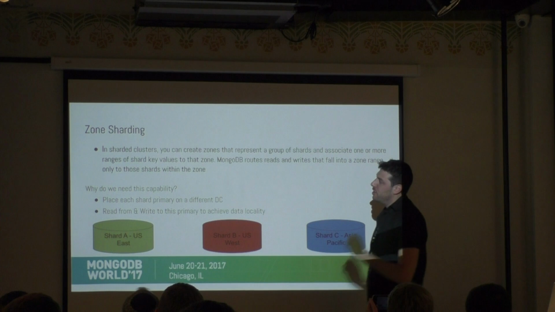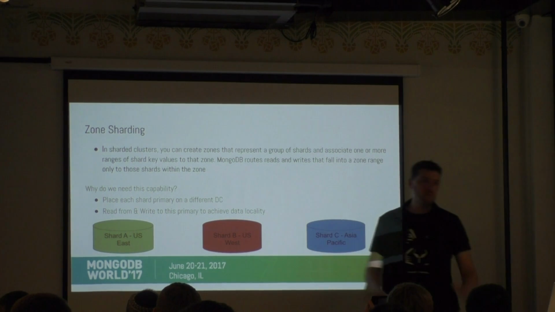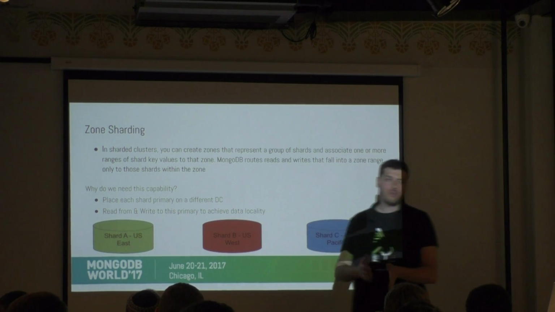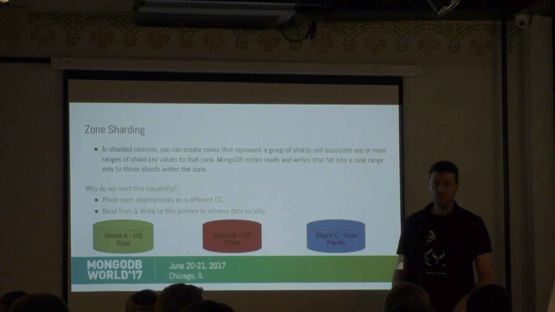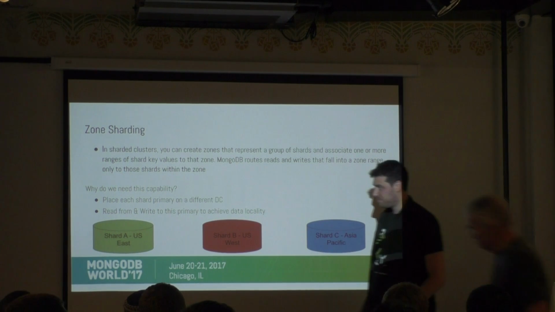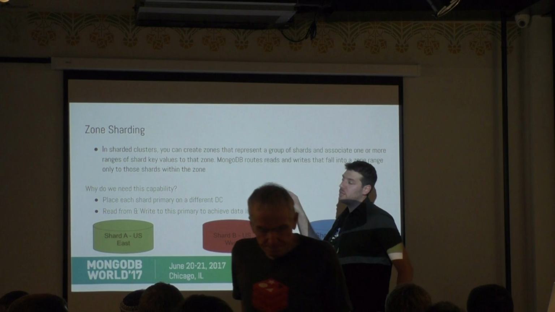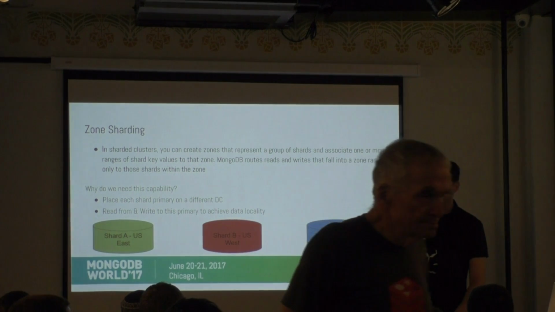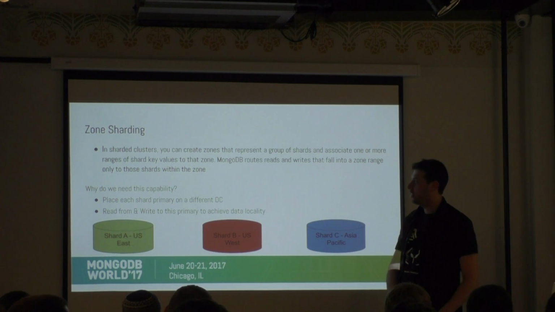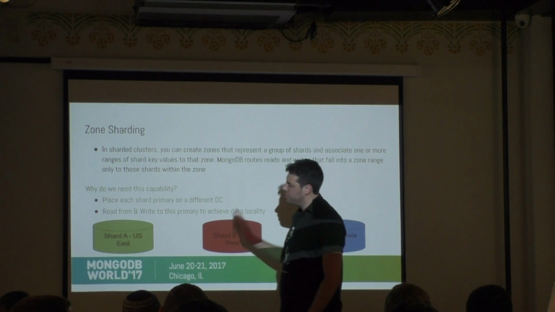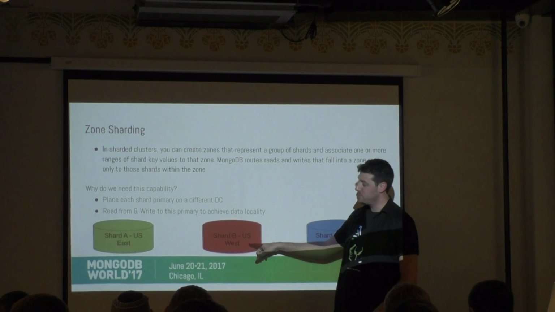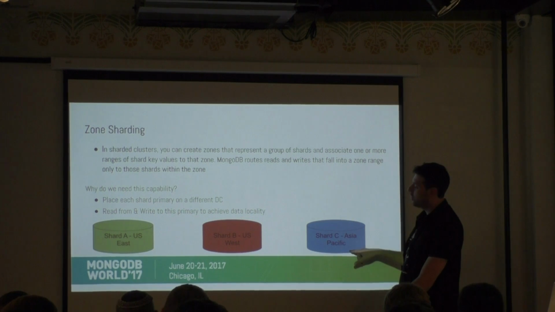Okay, so what is zone sharding? If you're familiar with sharded clusters, basically it's an ability to have several primaries within your MongoDB deployment, so a single database can sit on several primaries. With zone sharding, which was introduced in MongoDB 3.4 and has an older version called tag-aware sharding, we can say that shard A is responsible for US East, shard B is responsible for US West, and shard C is responsible for Asia Pacific.